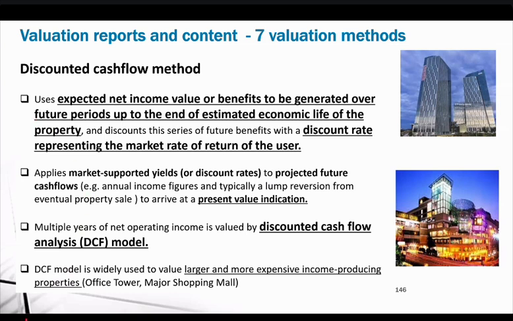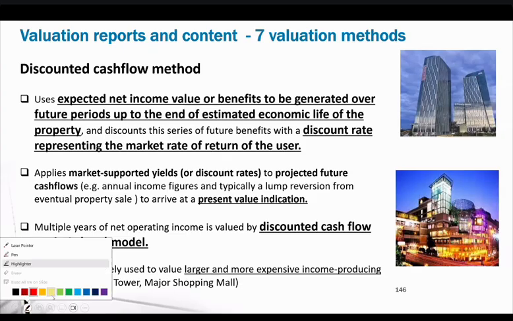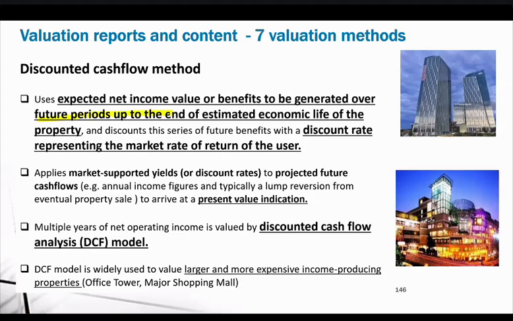So what we do is we check the expected net income to be generated for all the periods until the end of the life of the property. We put in the discount rate that represents the market rate of return for the user, and we apply market supported yield or discount rates to project future cash flows to give an idea of the present value indication.